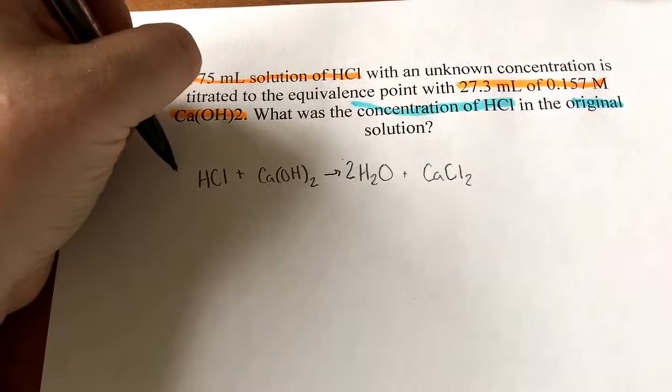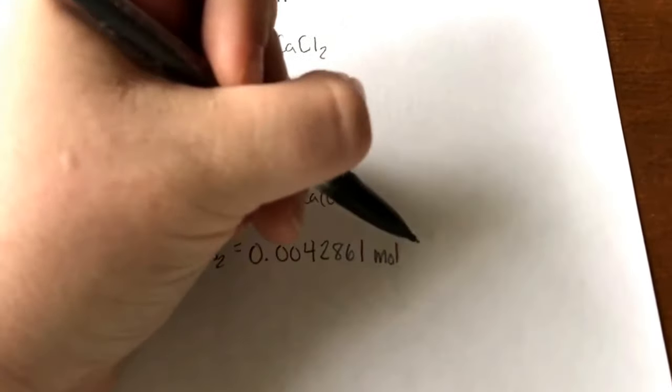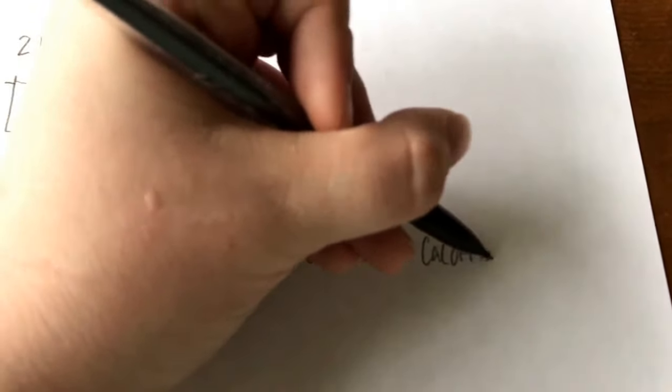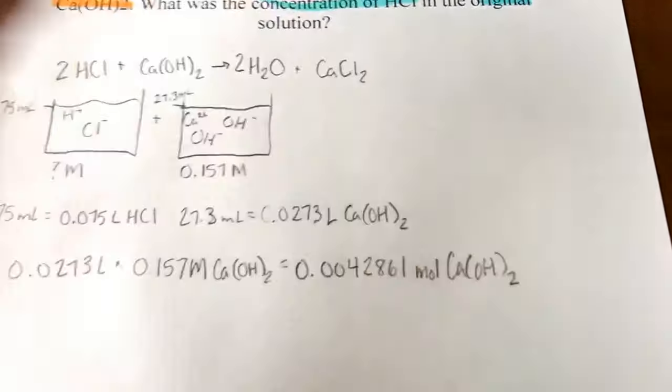We have our 0.0273 liters times our 0.157 molarity CaOH2, and that right there will give us our moles, which is 0.004281 moles of CaOH2.